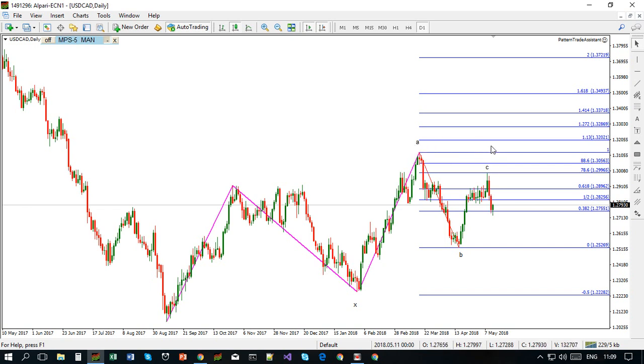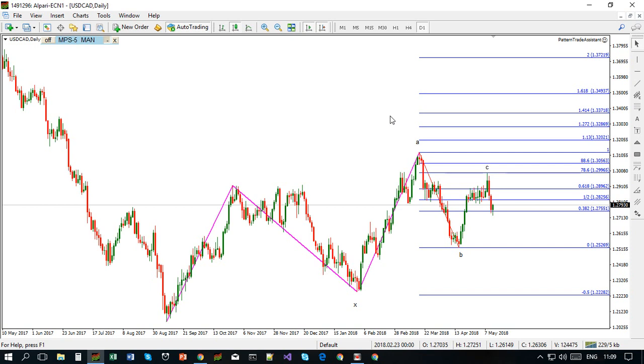Right now, both approaches coincide. That's why this setup becomes even more powerful: not only harmonic pattern traders look at this setup, but also advanced formation traders.